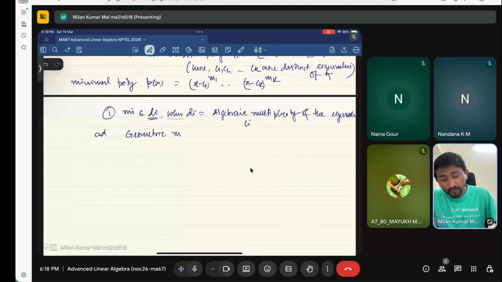Geometric multiplicity of the eigenvalue ci is equal to the dimension of the kernel of T minus ci times the identity.